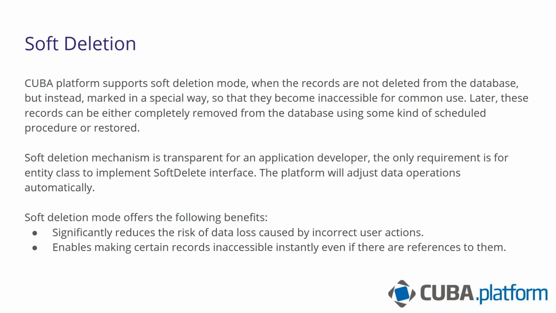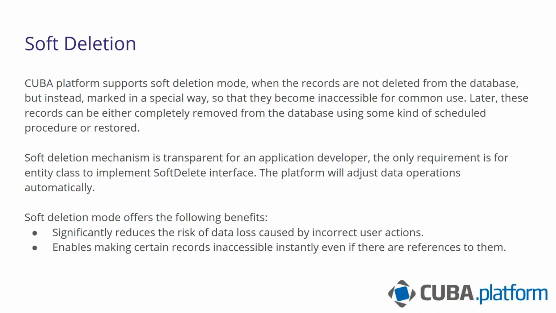First of all, reduces the risk of data loss. And the second enables making certain records inaccessible instantly, even if there are references to them. Using our model, orders clients data model as an example, let's check how it works.